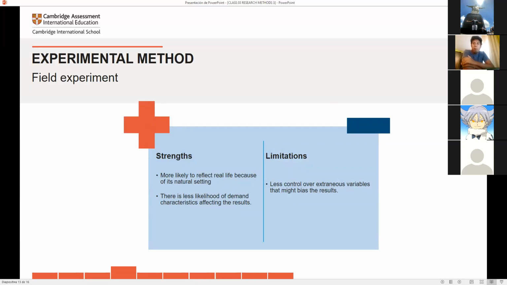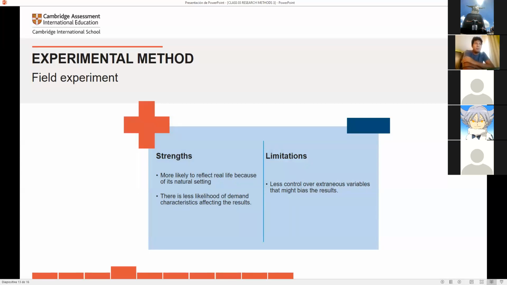Because we have no experimenters in the room, in the field, so they don't get many clues. They think they are in a natural environment. Well, they don't know they are being researched. This is where the whole social experiment thing begins, right?